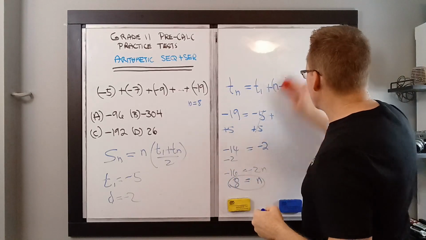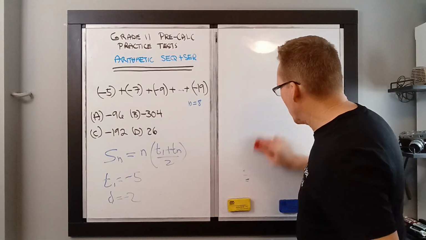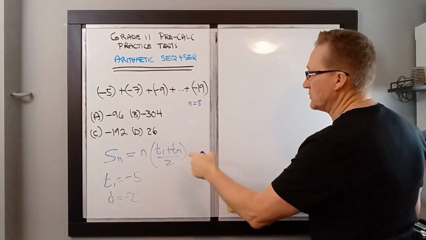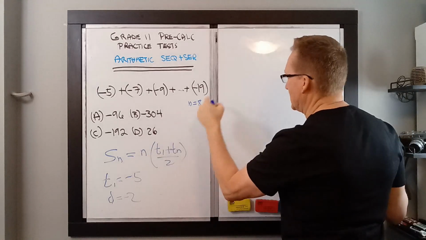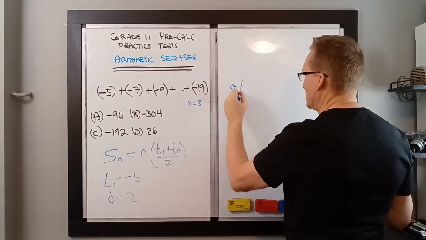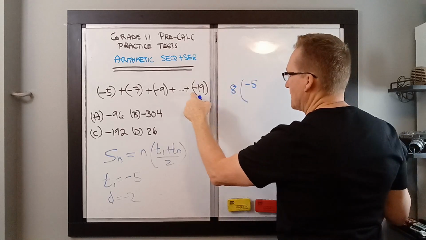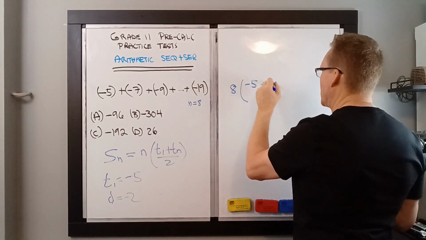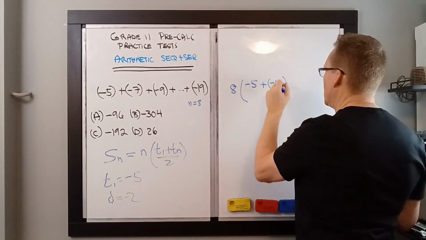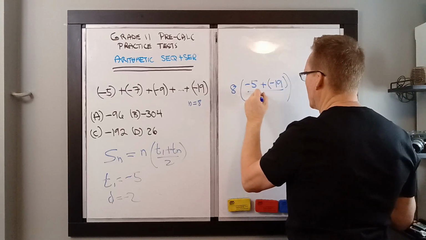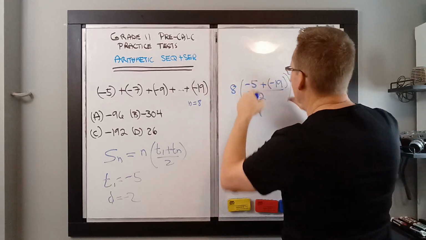So if n equals 8, we can use our general formula for doing the sum of these things. So the 8 terms, 8, and then the first term, minus 5, plus, I'm going to use brackets here, minus 19, big bracket here, over 2. We're taking the average of the first and the last term.